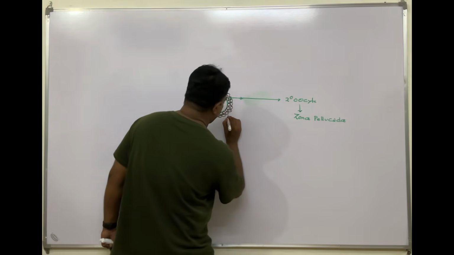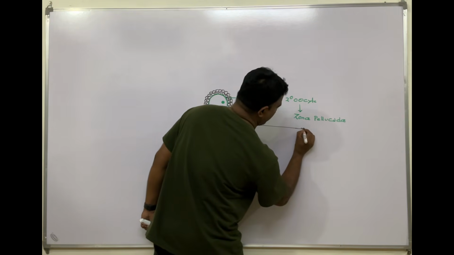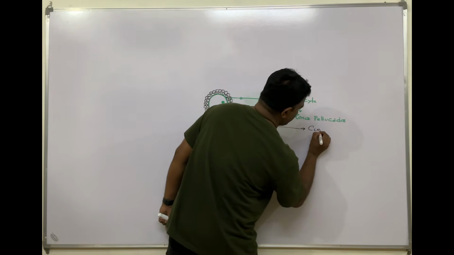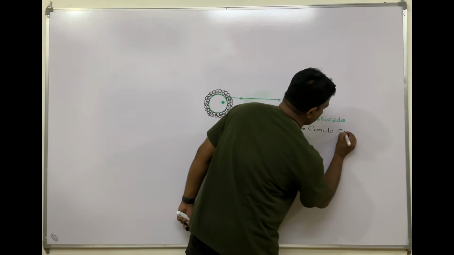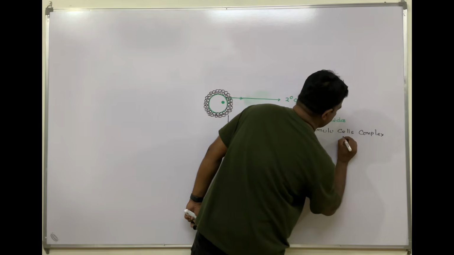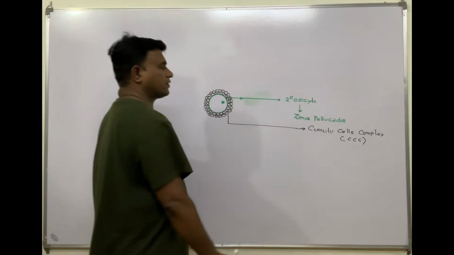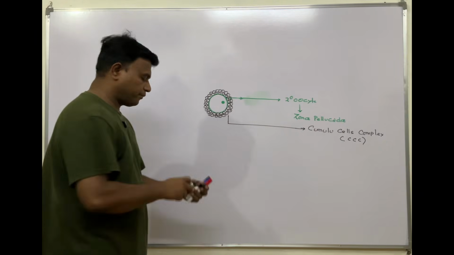And what are they known as? They are known as, very important for us, the cumulus oophorus or the cumulus cell complex, that is CCC. Here, the cumulus cell complex.